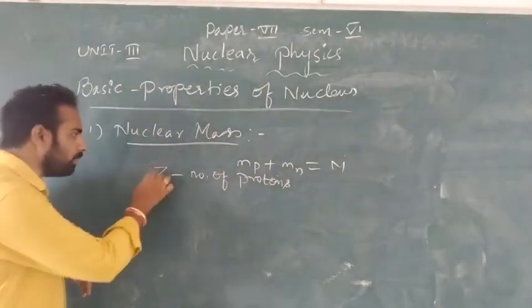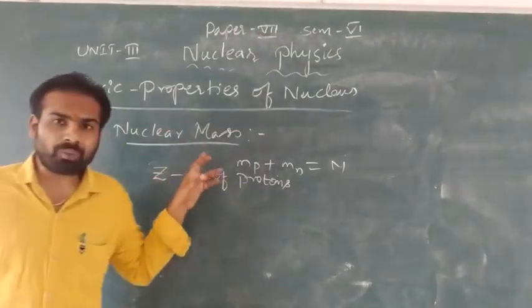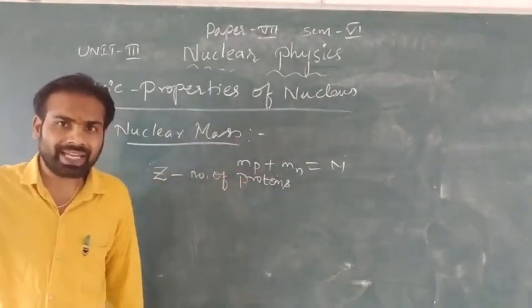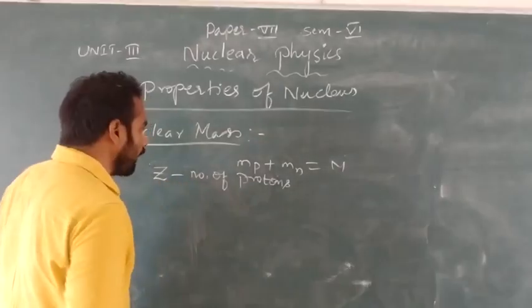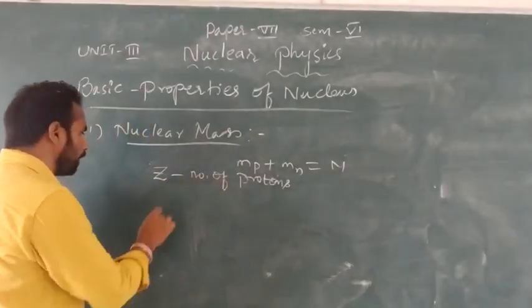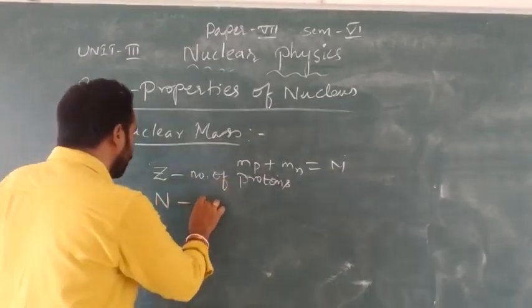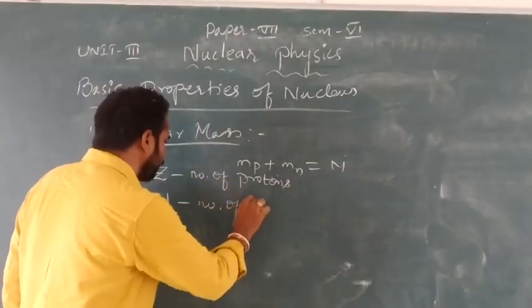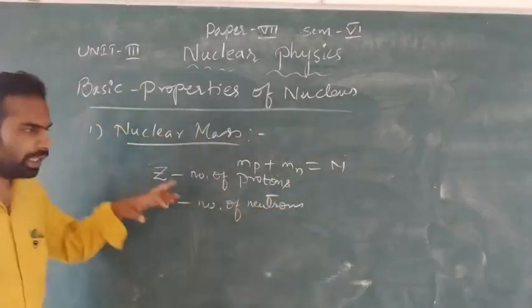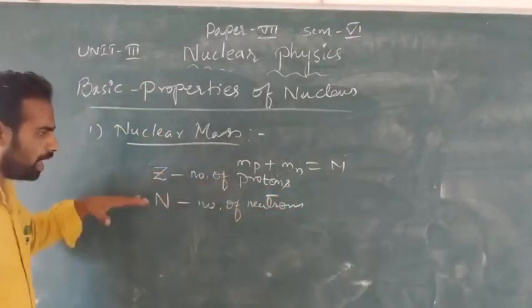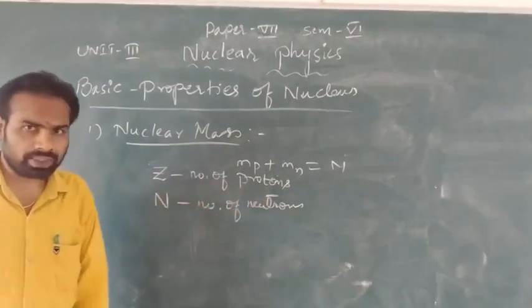And capital N gives the number of neutrons in an atom. Z gives the number of protons in an atom and N gives the number of neutrons in an atom.